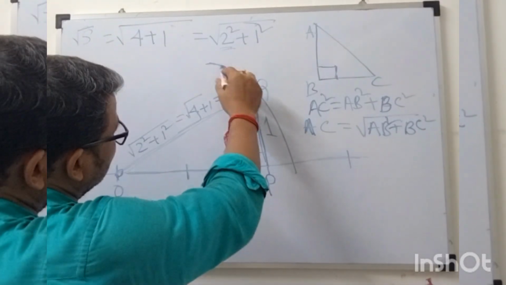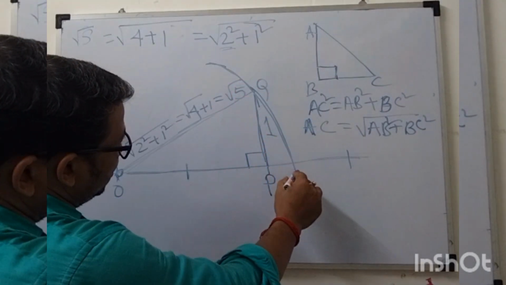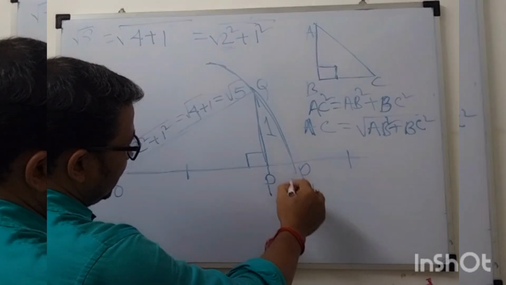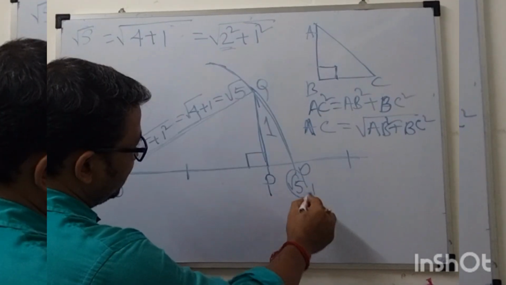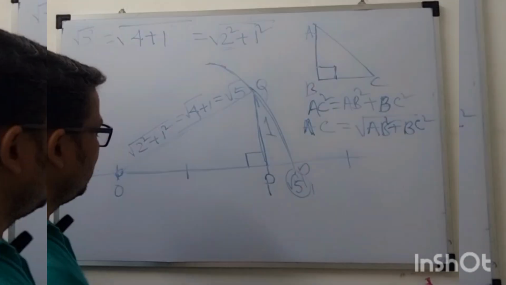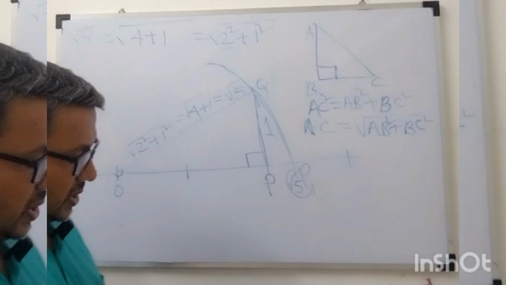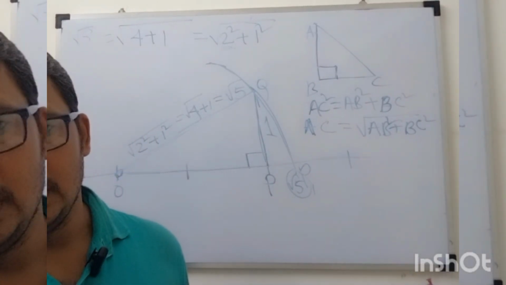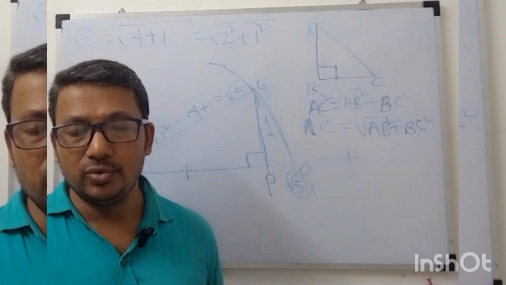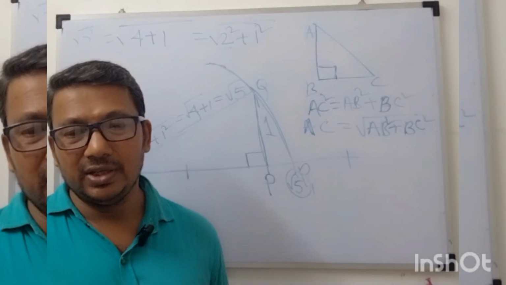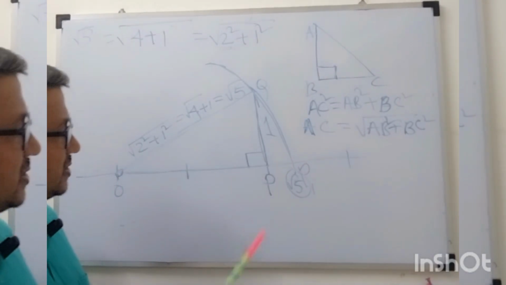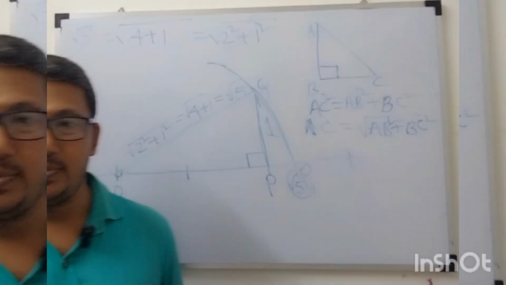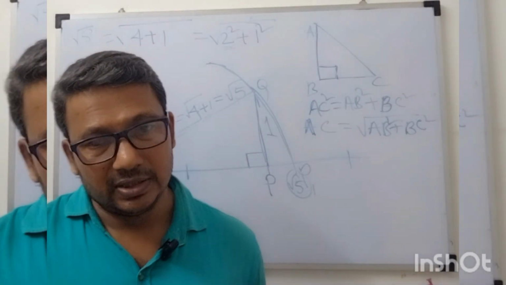Suppose the arc touches the number line at the point P1, and P1 is the number root 5. So we have to write that P1 is the point on the number line where we have shown the number root 5. Or in other words, root 5 has been shown on the number line at the point P1. You can write this also.